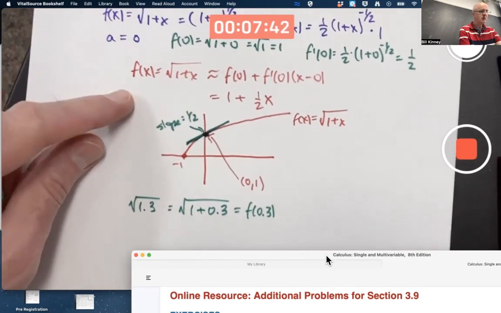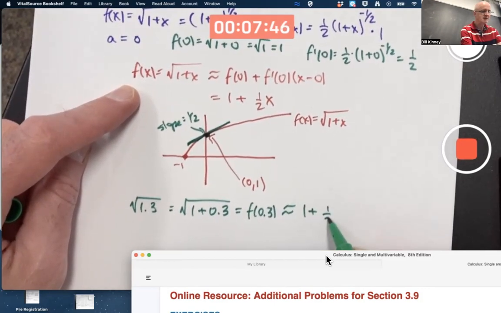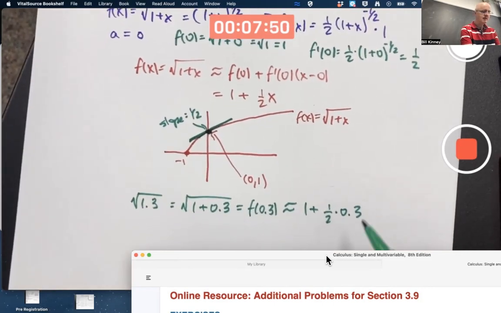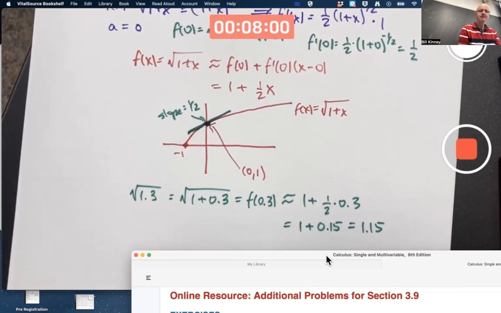And by this approximate equation up here, this is approximately 1 plus 1/2 times 0.3. That's something you can do in your head. Half of 0.3 is 0.15. So our approximation is 1.15.